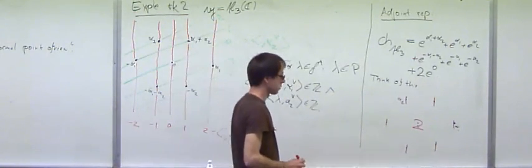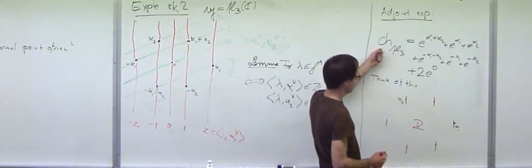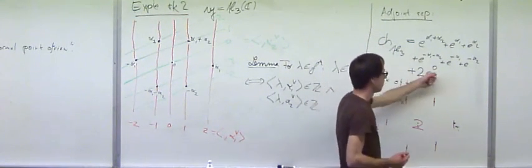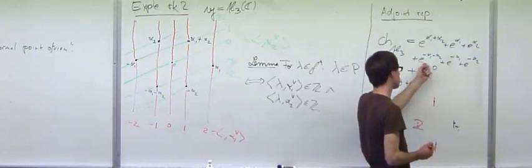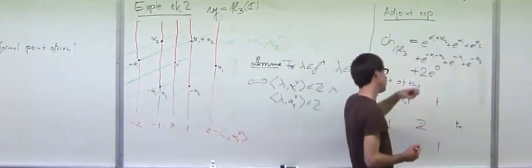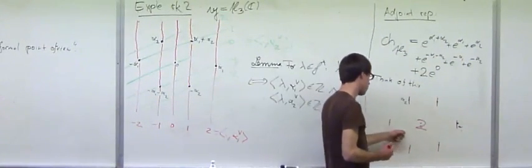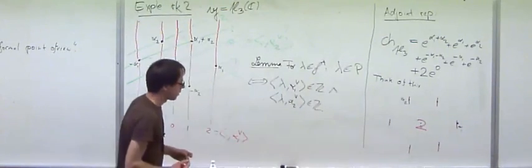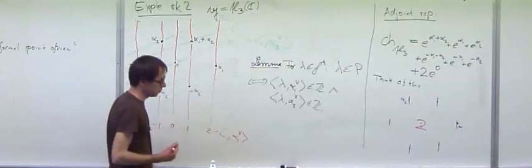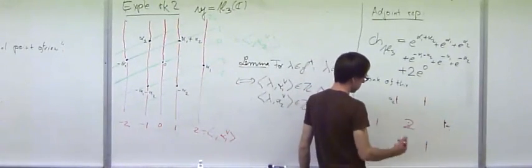In fact, giving a character, a polynomial or a linear combination of terms of the form e to the element of P, just amounts to associating a number with every element of P, and I'm using the implicit convention that wherever I don't write a number, this is 0.